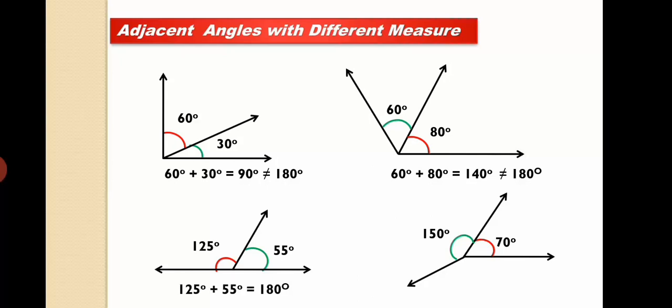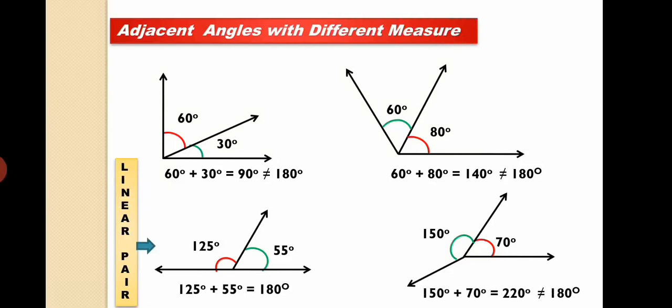It means this is a linear pair of angles. Look at this fourth diagram also. If we add 150 degree and 70 degree, we will get 220 degree, which is not equal to 180 degree. It means it is also not a linear pair of angles.